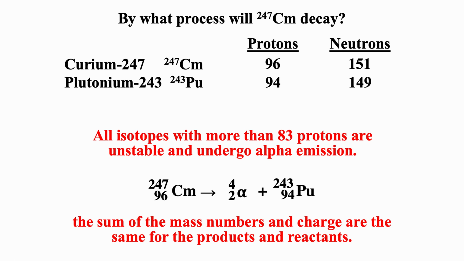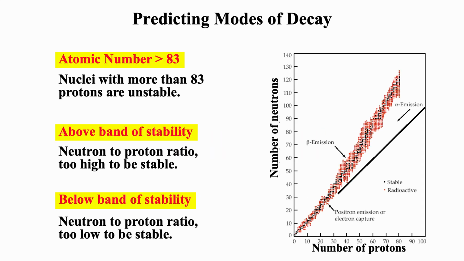For nuclear reactions, you always make sure that the mass numbers are the same in products and reactants and the charges are the same in products and reactants. And again, to determine or predict the type of decay, you just look at the number of protons and neutrons and try to figure out, do you want a proton changed into a neutron, or a neutron changing into a proton, or if your atomic number is bigger than 83, we'll assume that an alpha particle is being emitted.